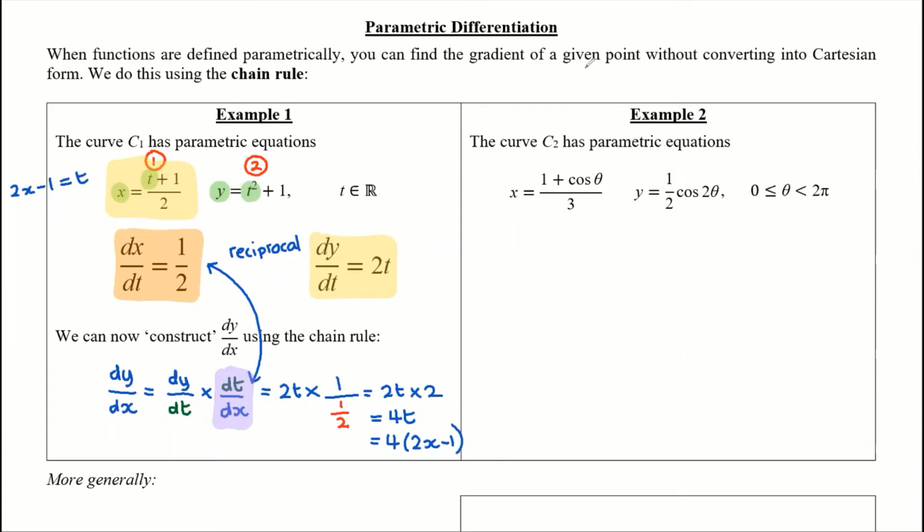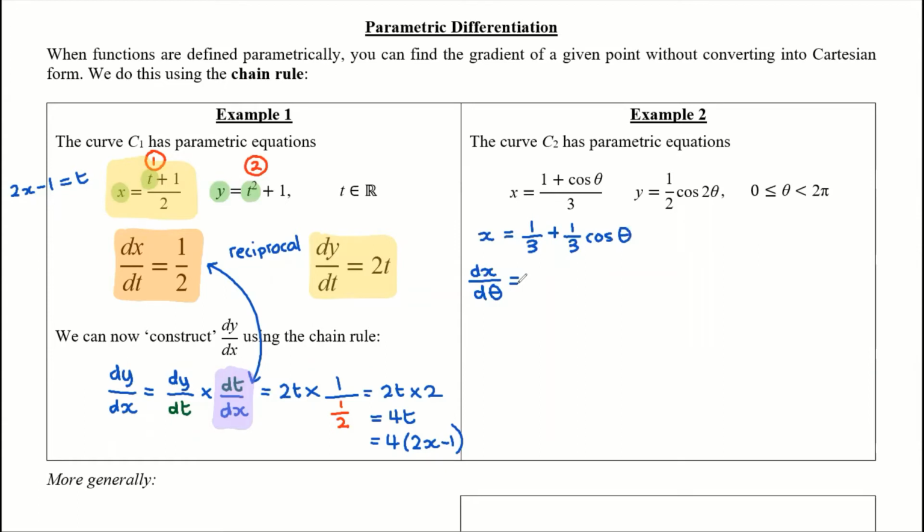So we're going to do dx by dt first, but before I do that, I'm just going to write x term by term. So that's going to be 1/3 plus 1/3 cos theta. Okay, so dx by dt, sorry, beg your pardon, dx by d theta, I should say. The parameter is theta this time.